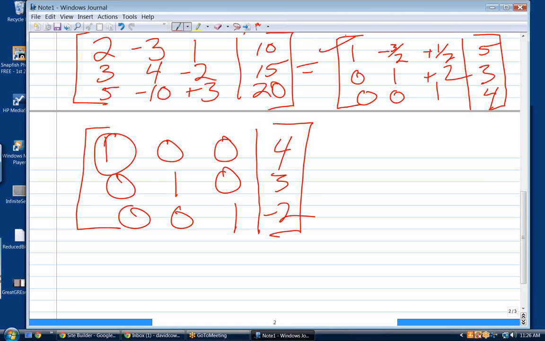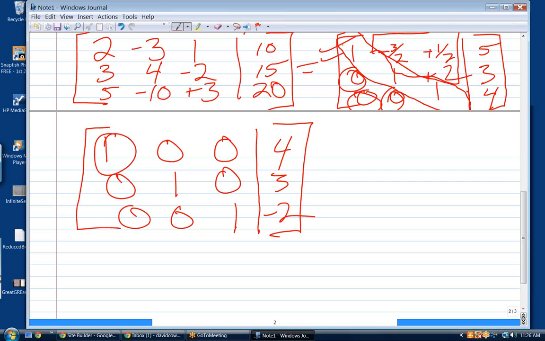This over here, where I just put the check mark, is called a row echelon matrix. The only thing that's important in the row echelon matrix is you have 1s on your diagonal, and you have zeros to the left and below. You don't care that these have numbers in them.